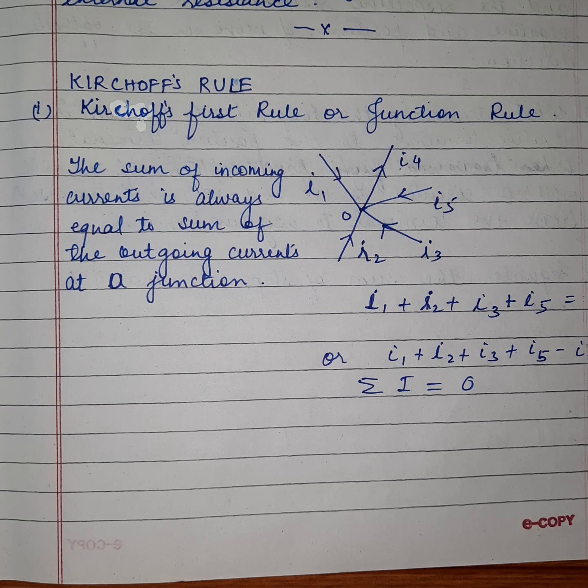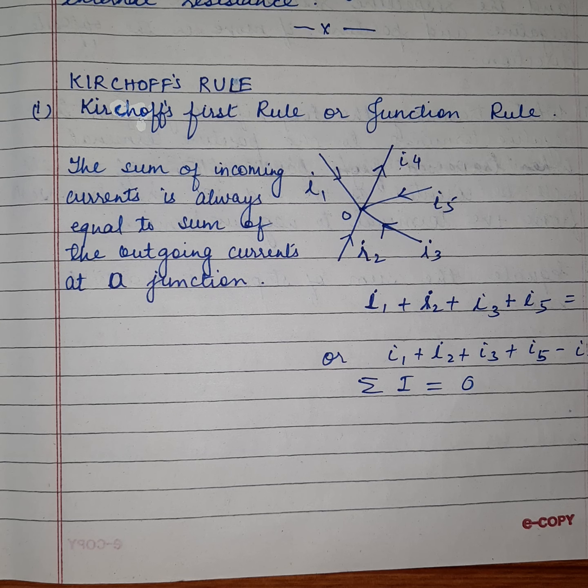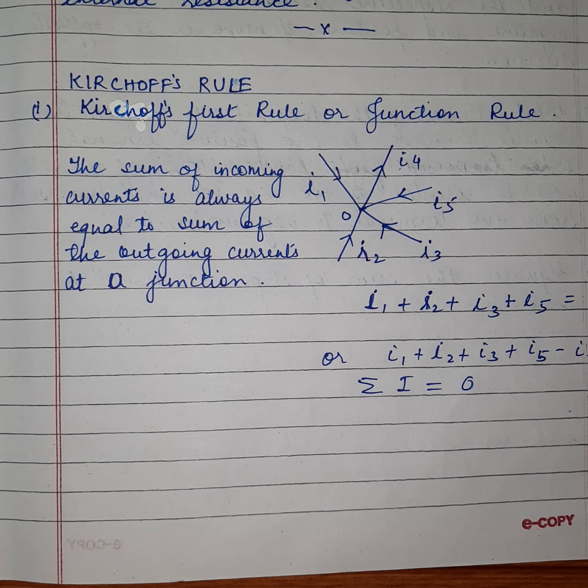So a German physicist, G.R. Kirchhoff, in 1842 put forward a set of two rules which provide us the techniques to handle complicated circuits. The first rule is called the Junction rule, or Kirchhoff's first rule.